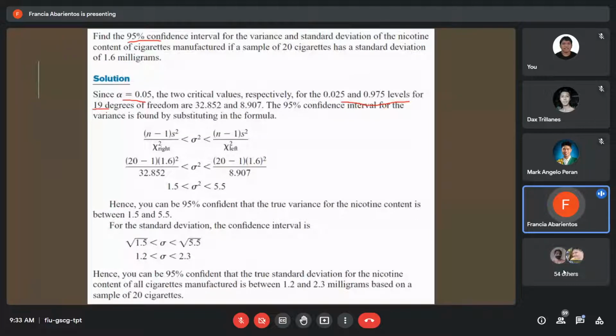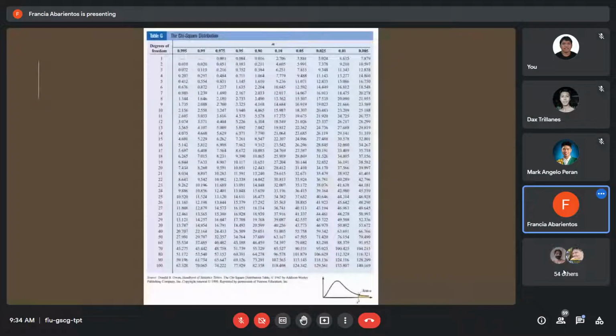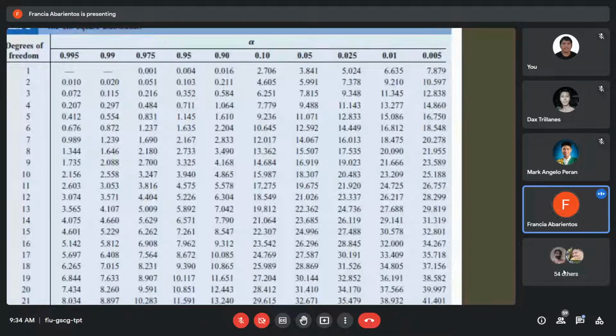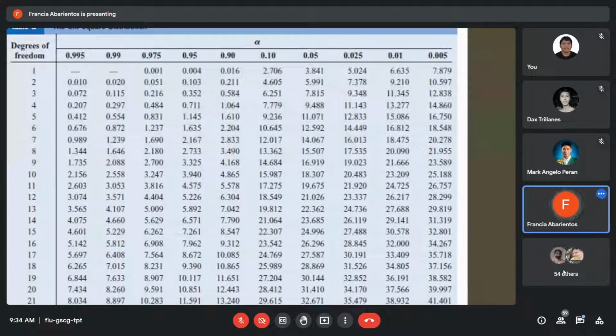You go to the table, and this now has your given values: 32 and 8.907. Let's look for these. In the table, our degrees of freedom is 6. Here, 6. 0.095. We have 1.635 and 0.025. Okay, 14.